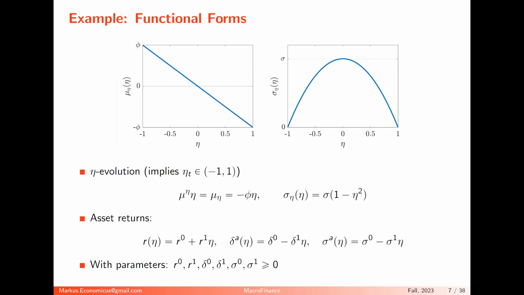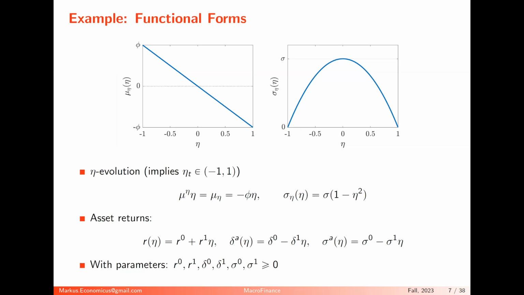And then we have how risky is a risky asset. So if eta is going up, the risky asset becomes less risky. It has a sigma 0, and then sigma 1 is a coefficient which, if eta goes up, the riskiness goes down of this asset A. Okay. So the risk premium is going down, and the riskiness is also going down.